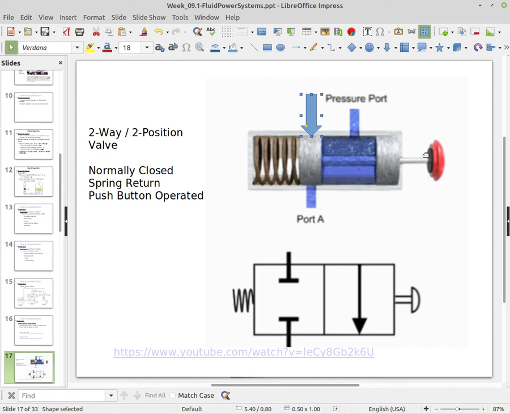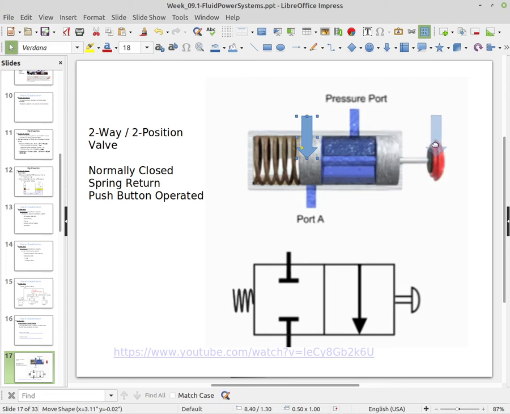And so if you push in the red valve handle over here a little bit, then that's going to allow fluid to flow up through here. Actually, excuse me, the pressure is flowing through the pressure port. So this is the pressure coming in through the pressure port, and then it's going to flow out through port A if we push the valve.